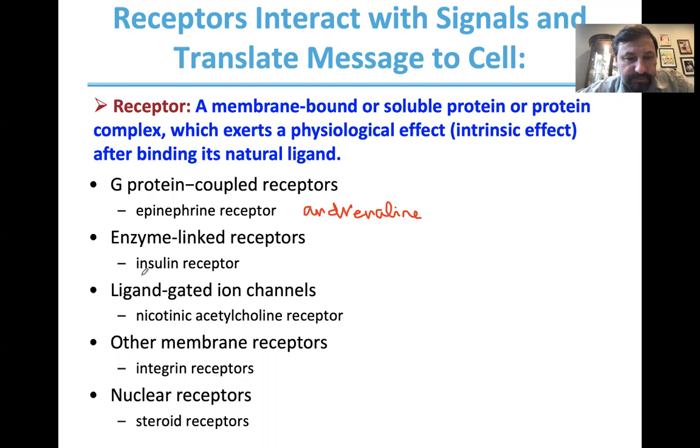All right, so enzyme linked receptors. One of the receptors we're going to talk about is the insulin receptor, right? We know that insulin is a hormone which is produced by the pancreas, whose function is to bind to various cells in the body and make them utilize glucose. So when the glucose concentration in the blood rises, it needs to be utilized, right?